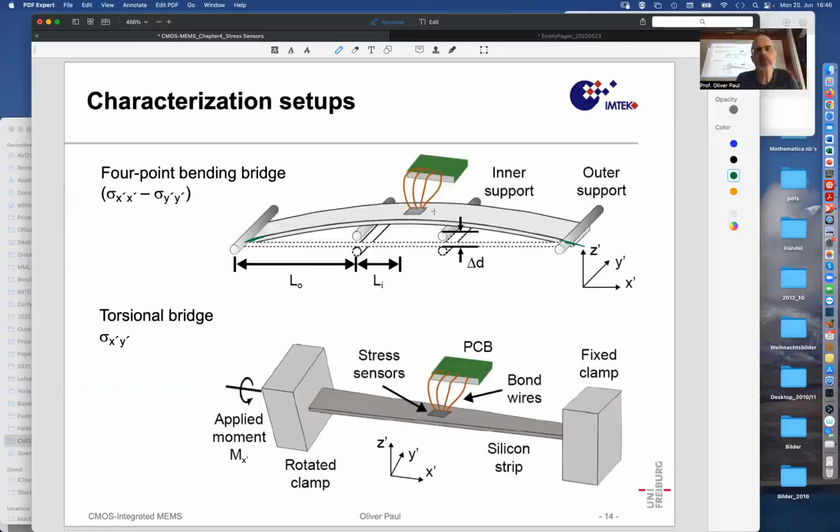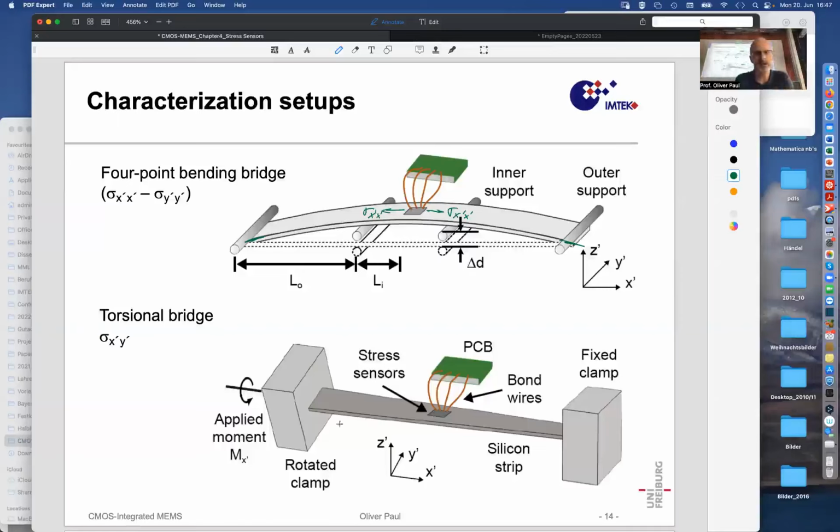And that allows now to apply, of course, sigma x prime stresses in this direction by just bending, because the top surface has to expand to curve around this larger radius of curvature, whereas below it would be compressive, and in the half of the beam there is a neutral plane that does not experience any stress at all. But above that neutral plane, of course, the material is stretched, and that is what we exploit to apply a very well-controlled uni-axial longitudinal stress to sensors.